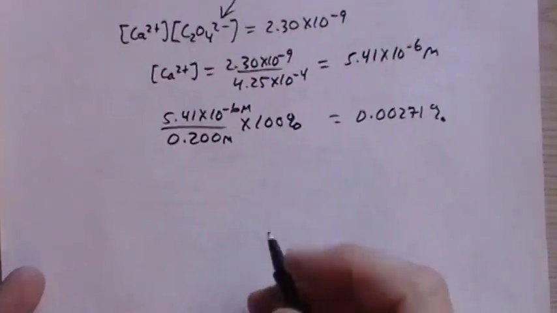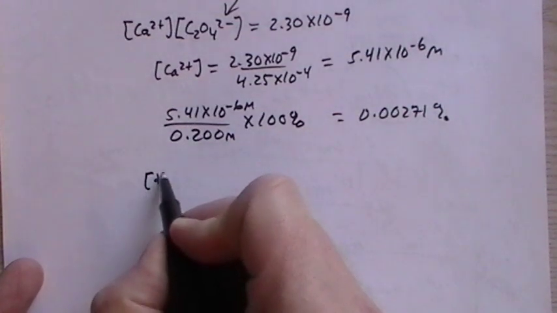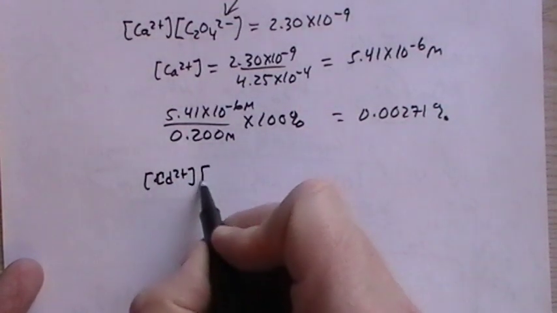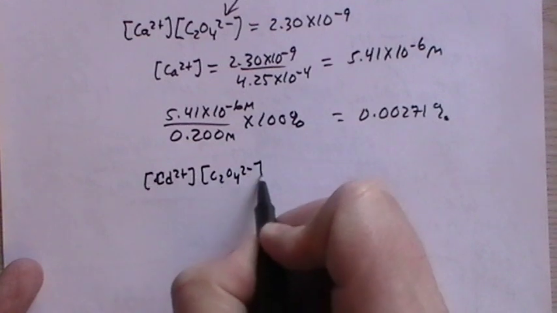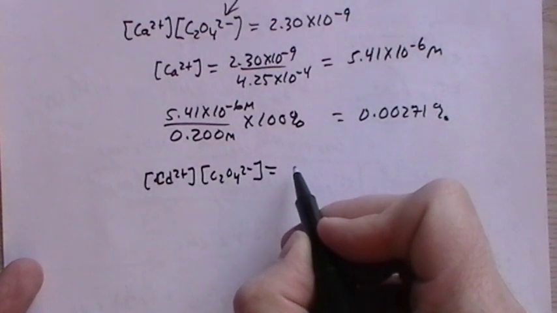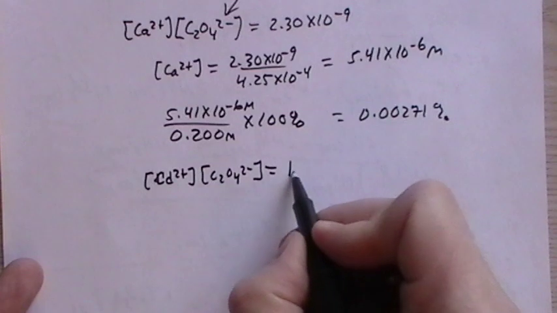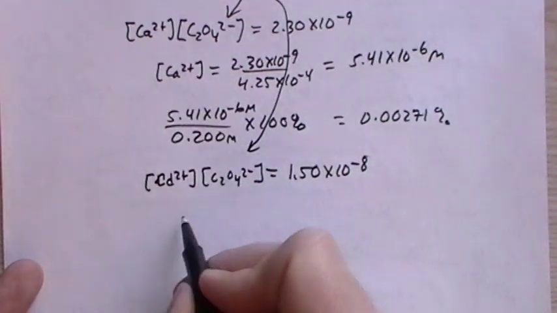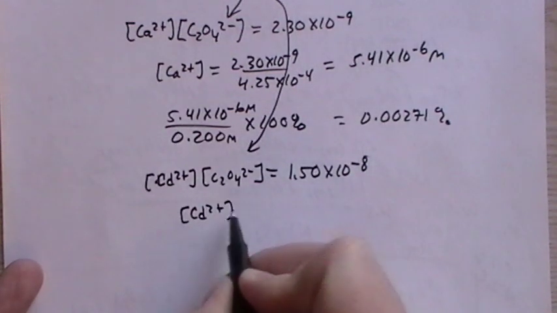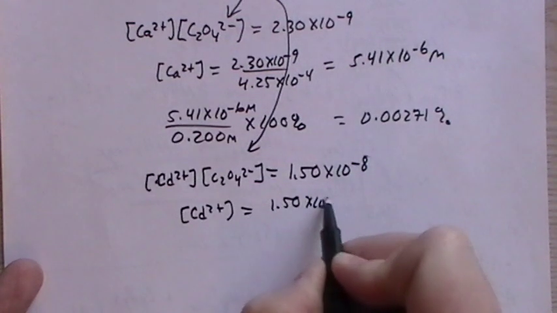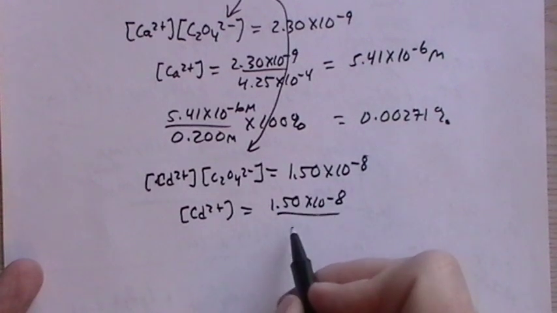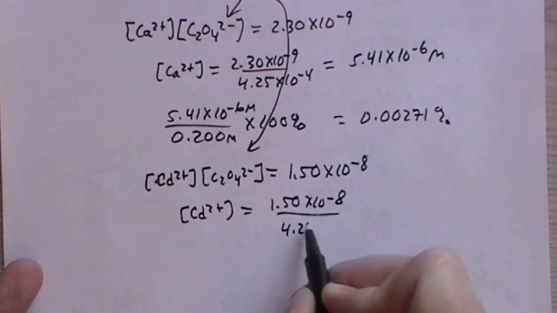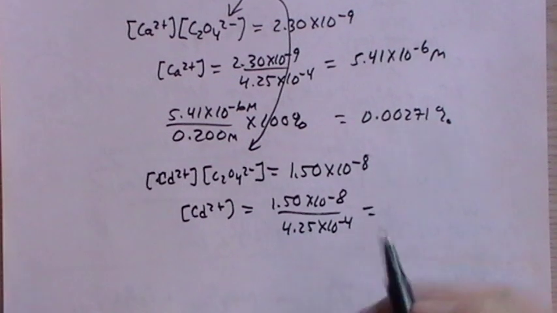Now, let's do it out for the cadmium. The cadmium, since it fell out second, we'd expect that it would have a higher percentage of it left over. Where's the cadmium? 1.50 times 10 to the minus 8. We put this same number in here. The cadmium concentration is 1.50 times 10 to the minus 8 over 4.25 times 10 to the minus 4. So 1.5 times 10 to the minus 8 divided by 4.25 times 10 to the minus 4.